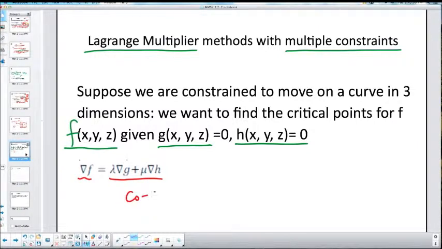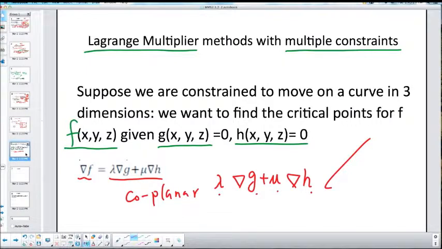In geometry, this is a coplanar of the gradient of g and the gradient of h. And then you write it as a linear combination of lambda times the gradient of g, mu times the gradient of h.